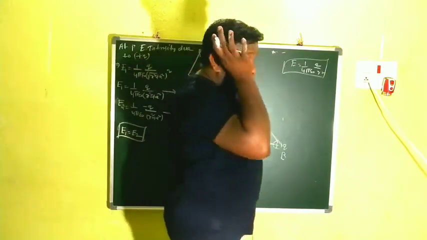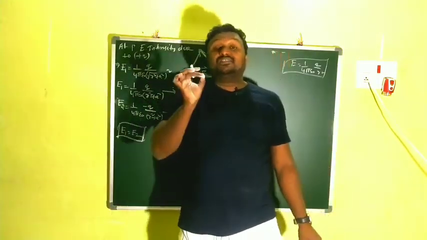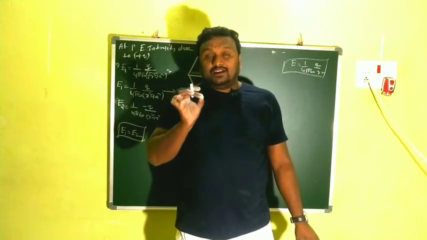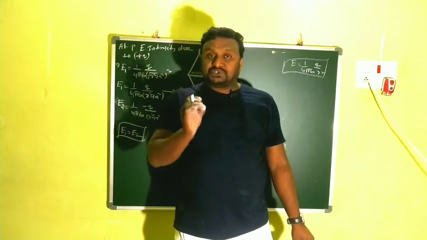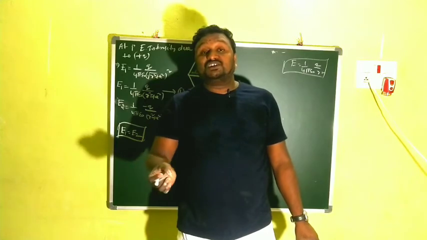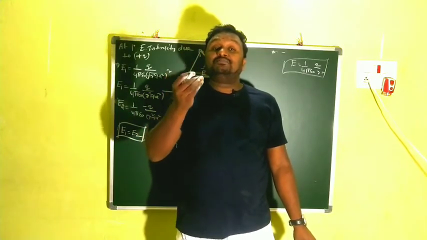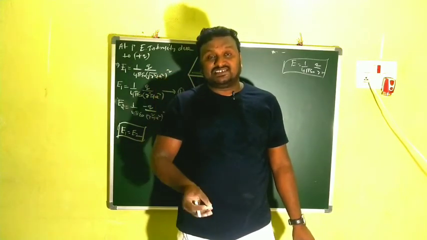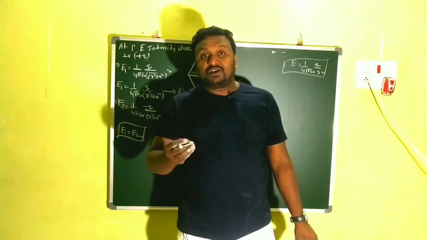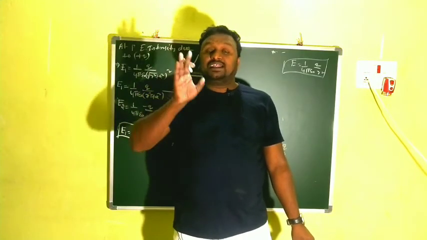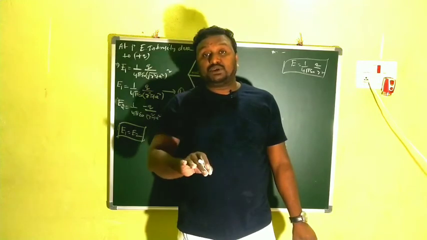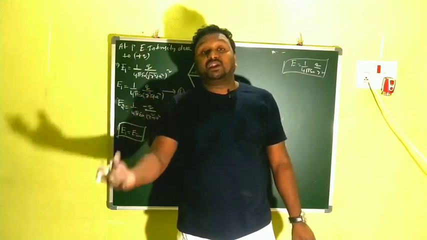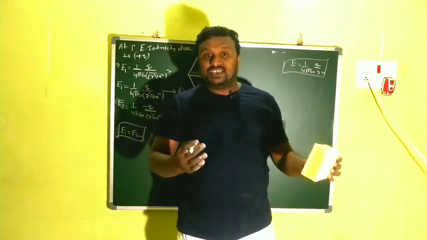That means the point P is on the equatorial line, and at that point P, plus Q charge and minus Q charge create the same amount of electric field intensity. That means the intensity created by the positive charge must be equal to the intensity created by the negative charge. Both are the same.